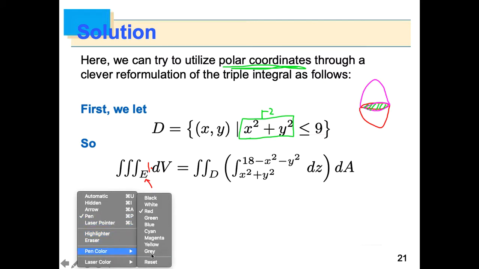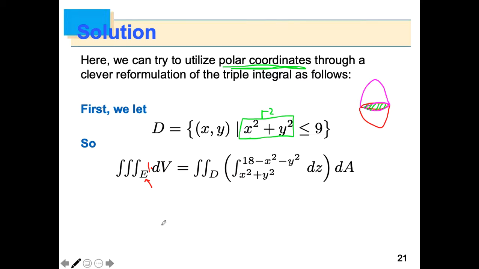Because if you take a look at how this picture is situated, if I shoot an arrow from a negative y region and hit this top part of the shell, the problem is that if I shoot an arrow in the positive y direction, it's going to hit a different shell down here. So then I'm going to have to do two different triple integrals. We don't want that, right?